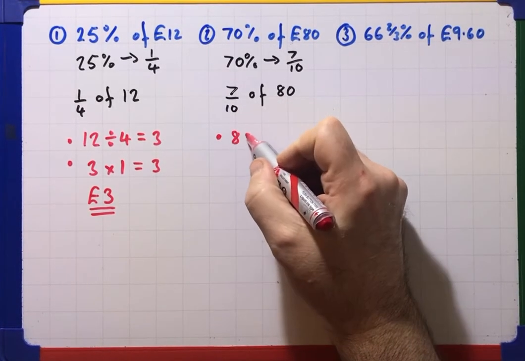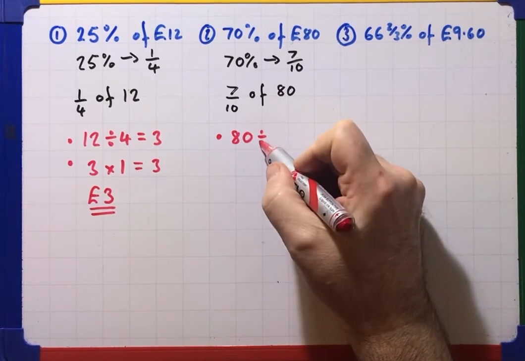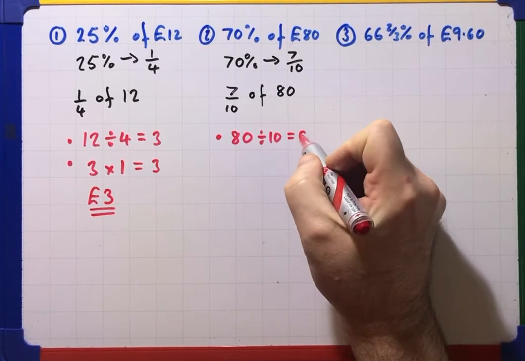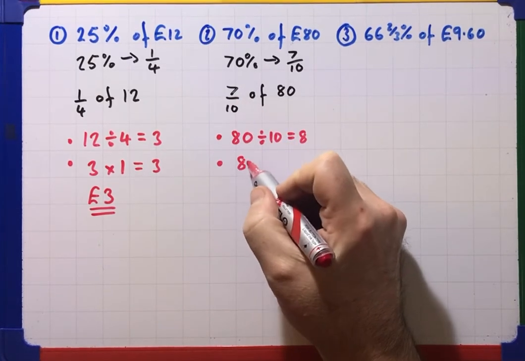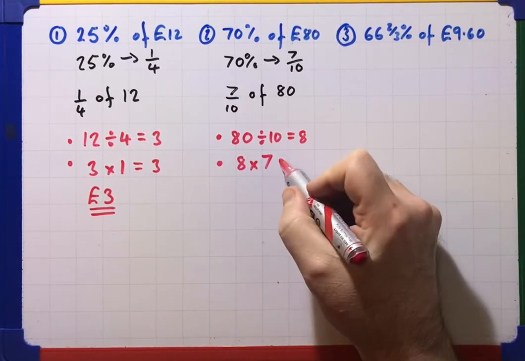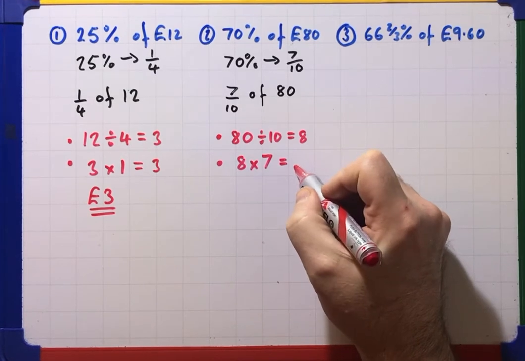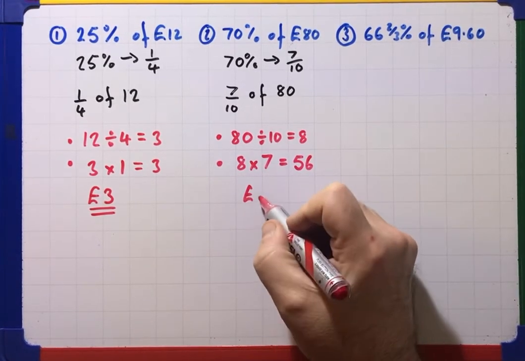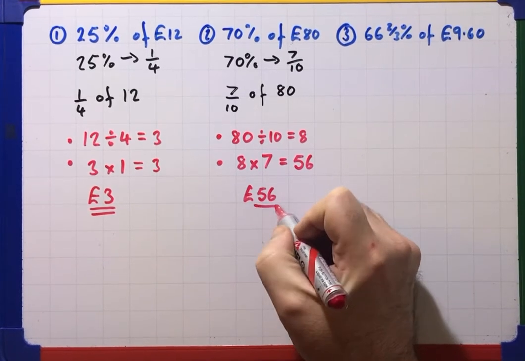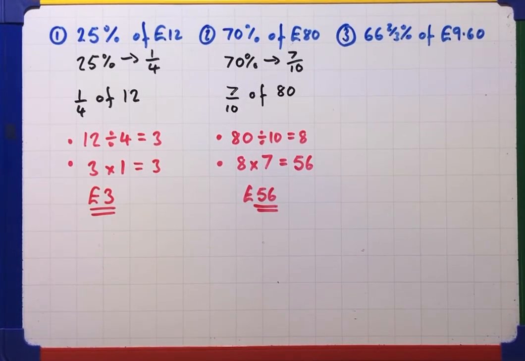So 80 divided by 10 gives us 8. Second step, we multiply by the top. So we have 8 times 7, which is 56. So my answer here is money again, so don't forget your units, £56. And I've underlined it.